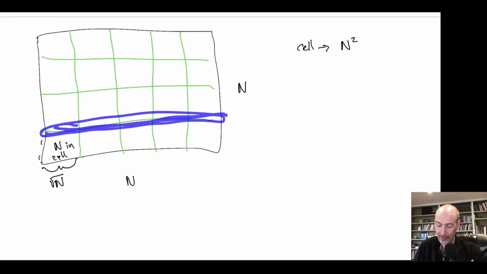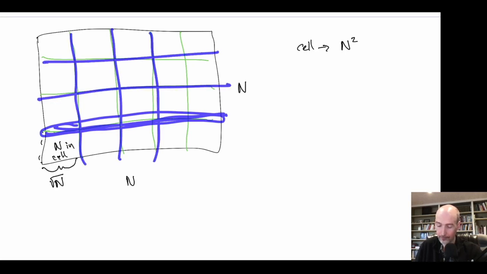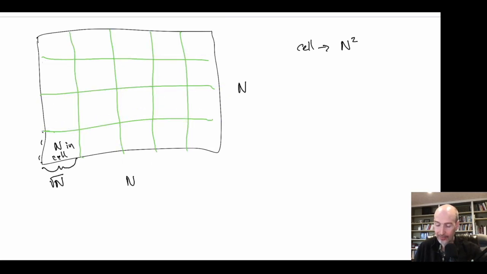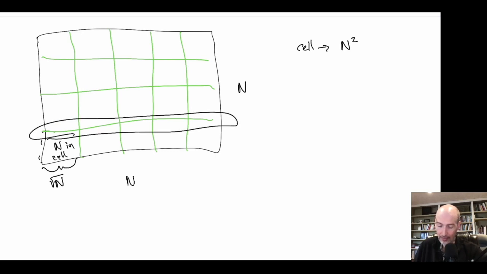How many states are there on these lines, on these borders between our cells? If we think about the borders, there's going to be n states on one of these lines, and the number of lines is the square root of n. So on the borders, there's going to be n states times the square root of n.